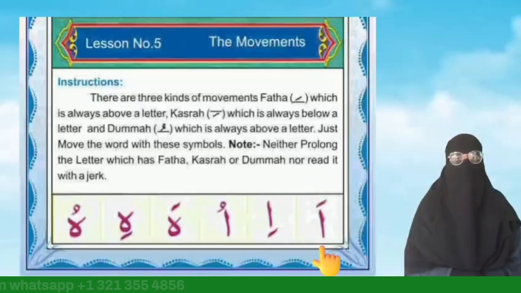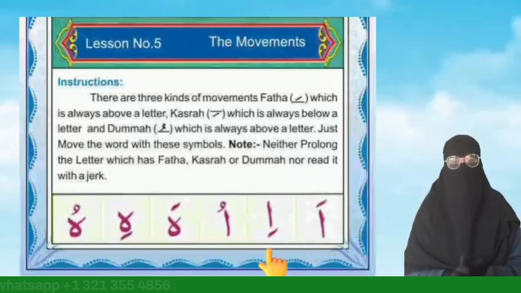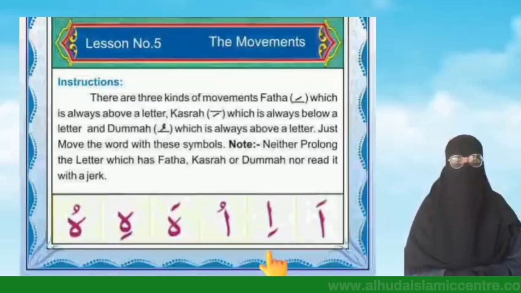Hamza fatha, a. Now the second one you can see. This movement is below the letter, so we call it kasra. So the sound will be hamza kasra, e. Hamza kasra, e.